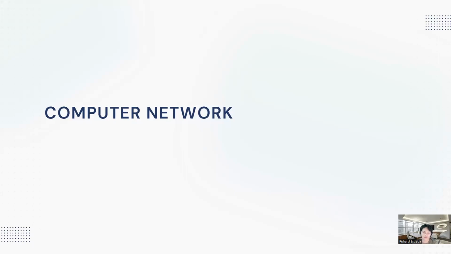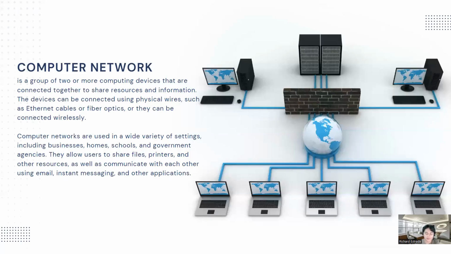What is a computer network? A computer network is a group of two or more computing devices, a group of computers that are connected together to share resources and information. The devices can be connected using physical wires, such as Ethernet cables or fiber optics, or they can be connected wirelessly.